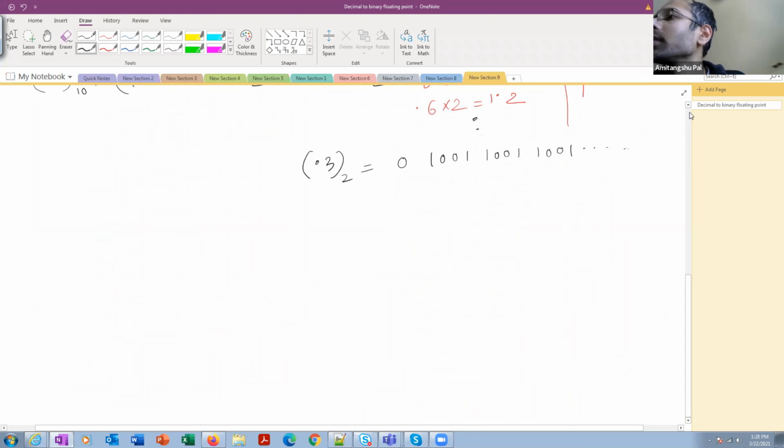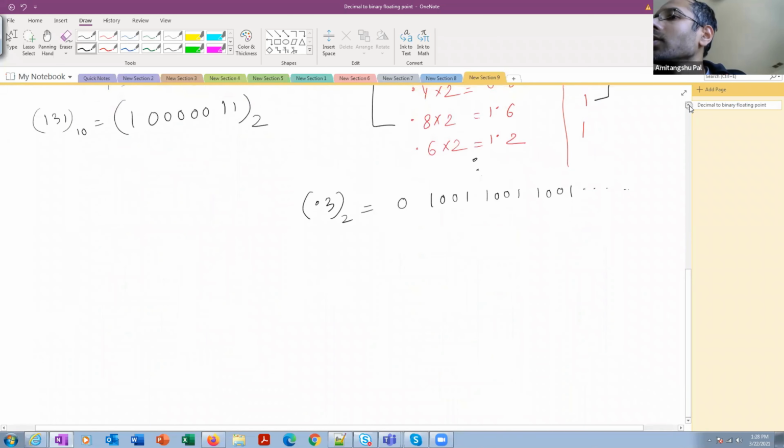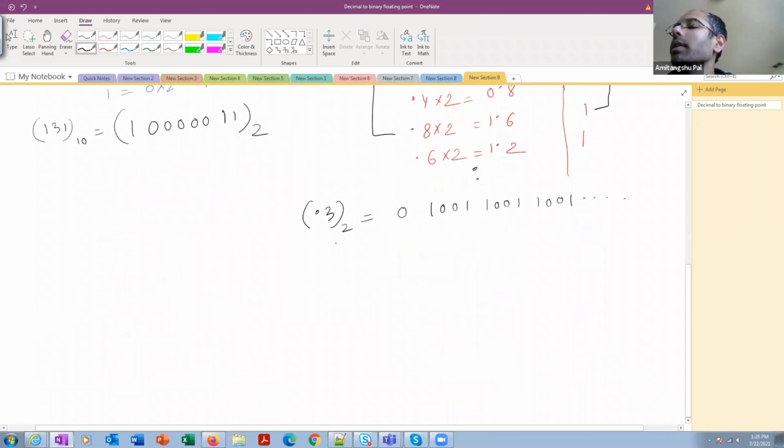So 131 and 0.3 I have converted separately to their corresponding binary representations. The first step is to write the integer part, which is 10000011, point, the fractional part, which is 0, 1, 0, 0, 1, 1, 0, 0, 1, 1, 0, 0, 1, and so on.